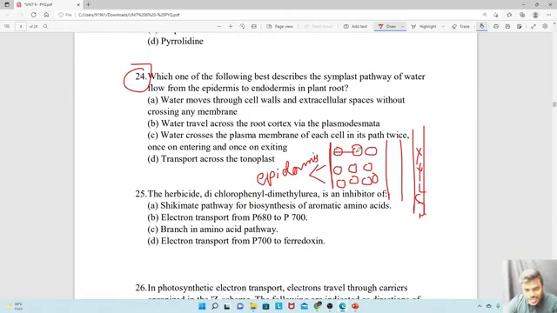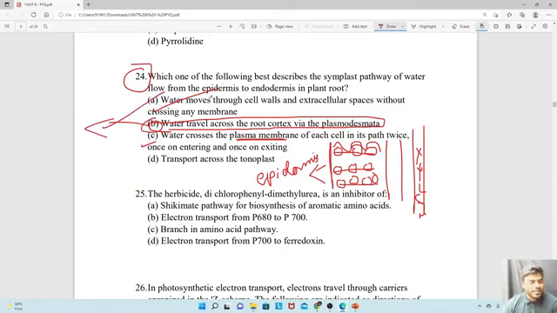Through the plasmodesmata, inside the cell, is the plasmodesmata. Through the cell wall and intercellular spaces is the apoplastic pathway. I told you very clearly. So water travels across the root cortex via plasmodesmata. If water is crossing the plasma membrane on the surface, obviously it is apoplastic, that is extracellular spaces. Since they asked symplastic, the correct answer will be B. Very good.